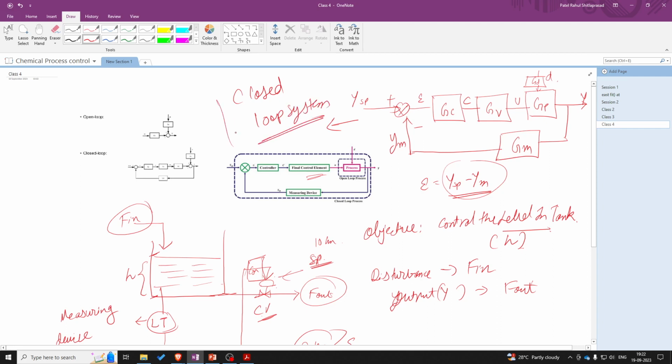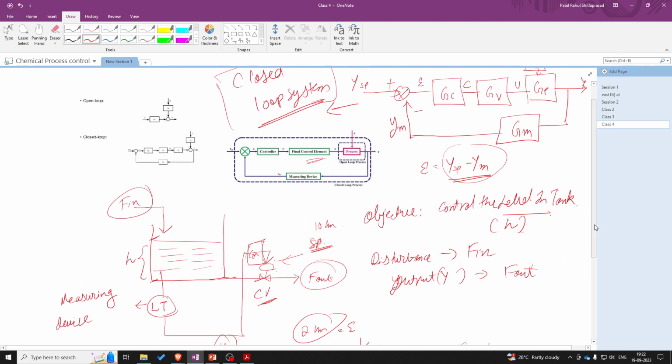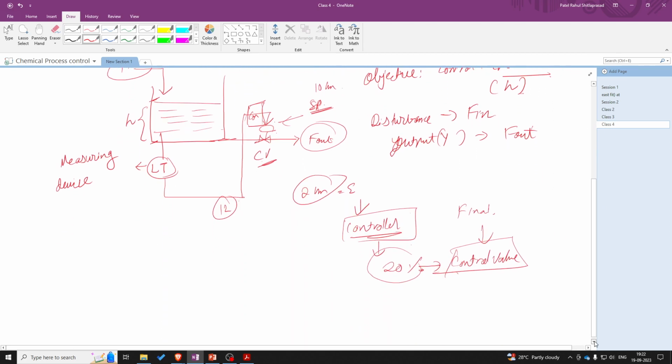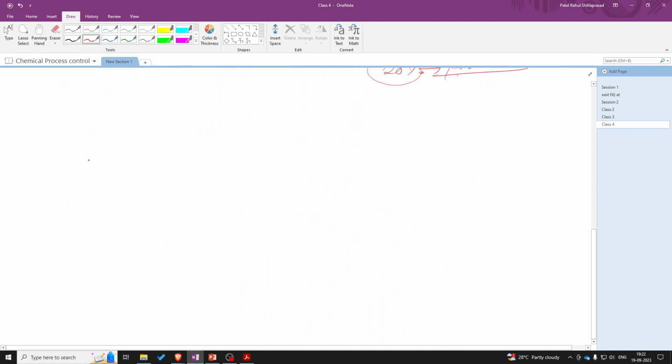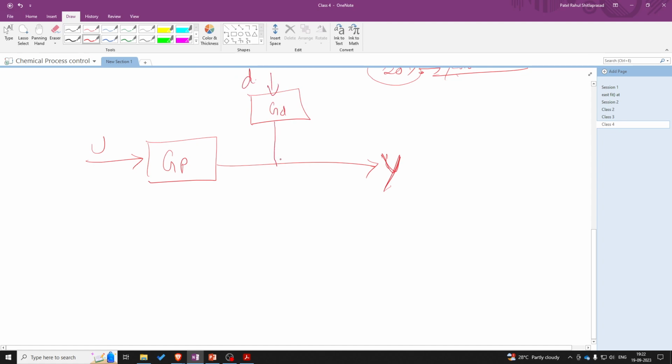Now if I had to draw the block diagram for the open loop system, then it becomes very straightforward. I have an input that is being fed to the process GP, and I am getting an output Y. Similarly, I will have the disturbance over here, that is GD, and let's consider there will be some effect of that.